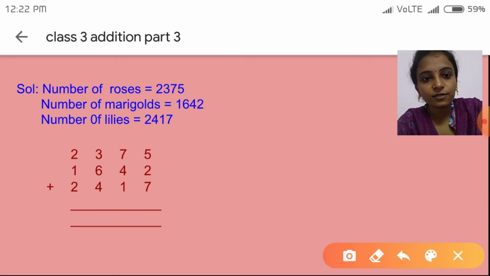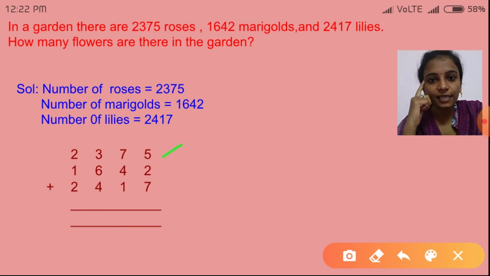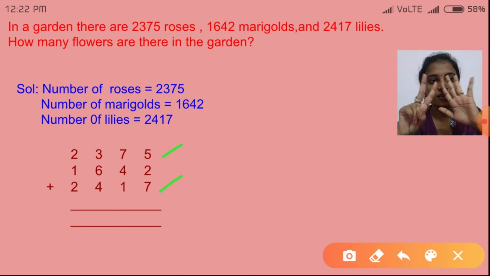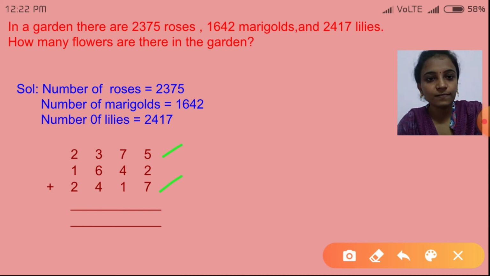Now we will count 5, 2, 7. 5 plus 2: keep 5 in mind, take 2 fingers, 5 after, 6, 7. 7 keep in mind, take 7 fingers, 7 after, 8, 9, 10, 11, 12, 13, 14.